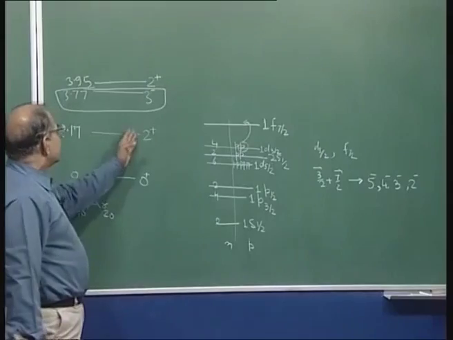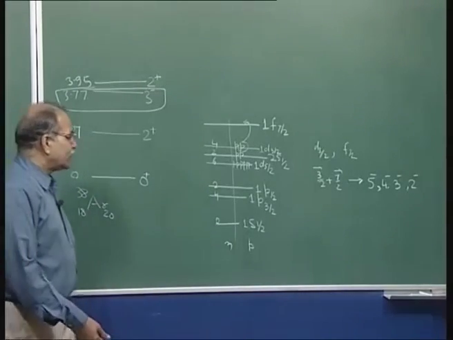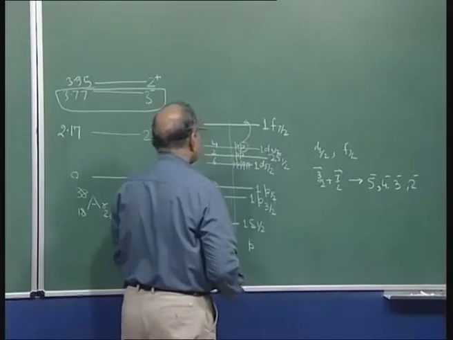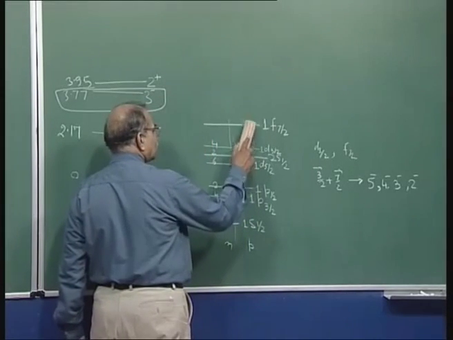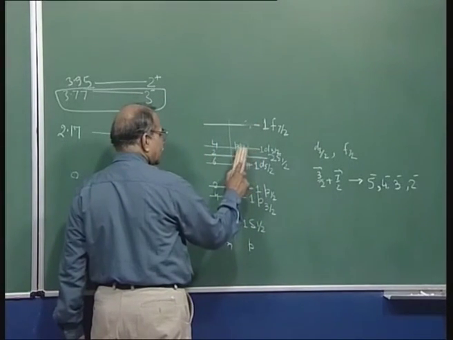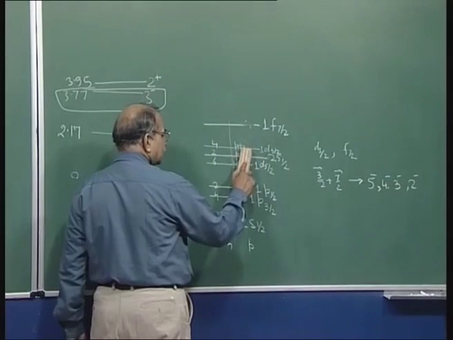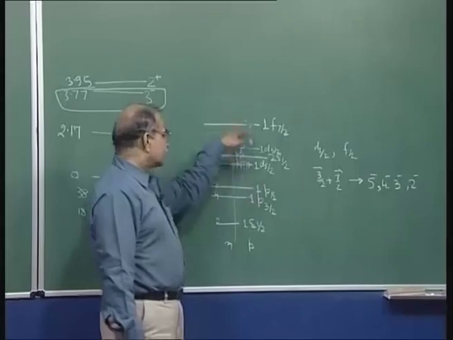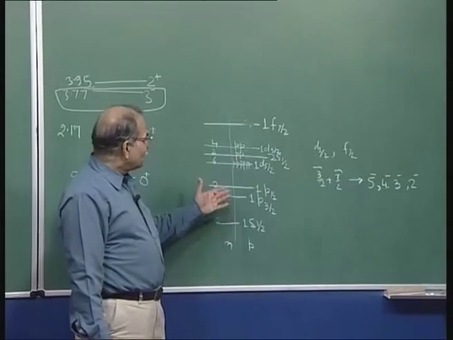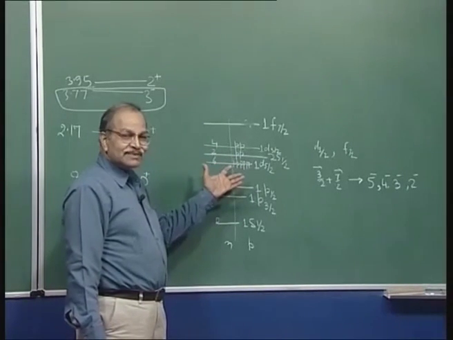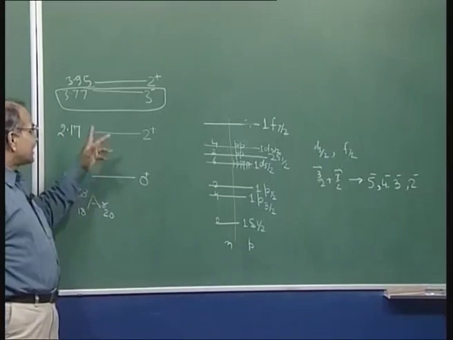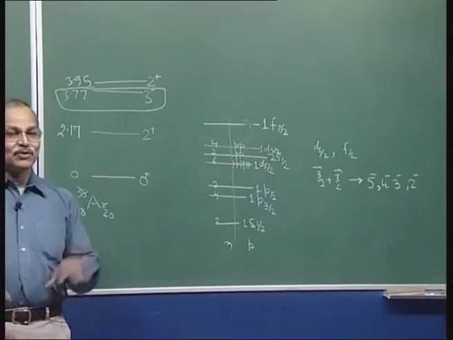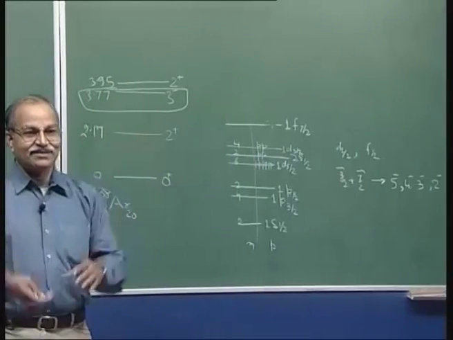Then you have 2 plus here and 2 plus here. How do I get 2 plus? Guess how do I get 2 plus? This is the ground state. Then where should I take which proton to get 2 plus, and that too in 2 different styles, one lower energy, one higher energy?